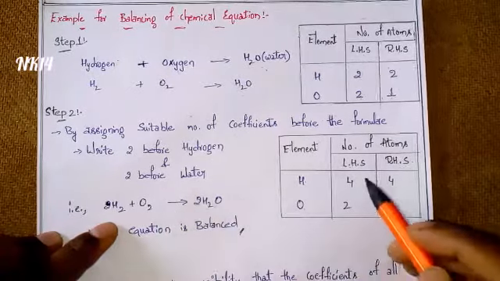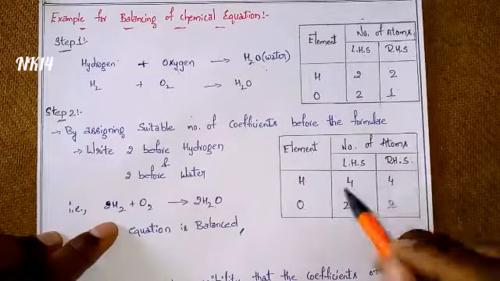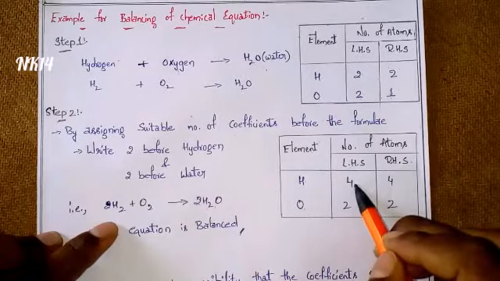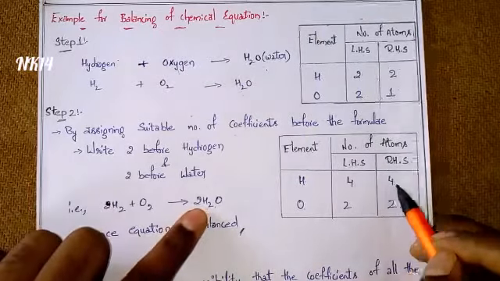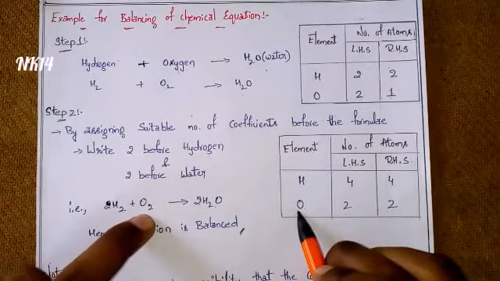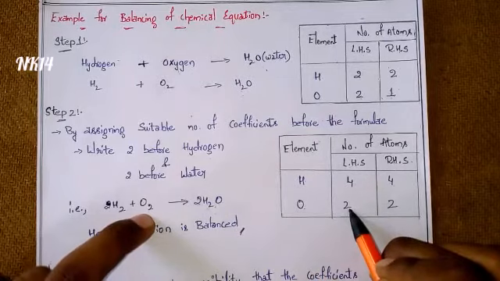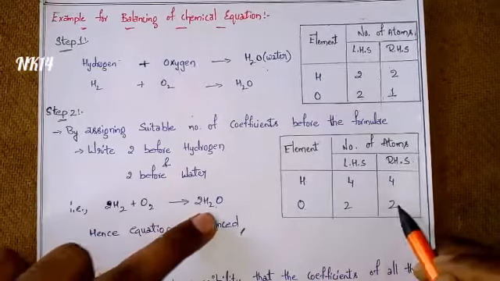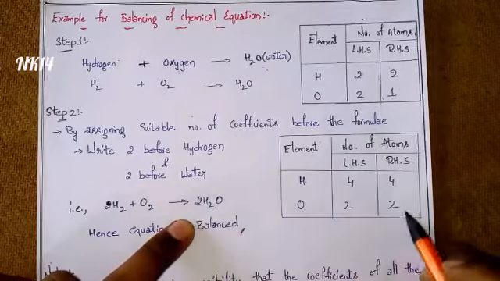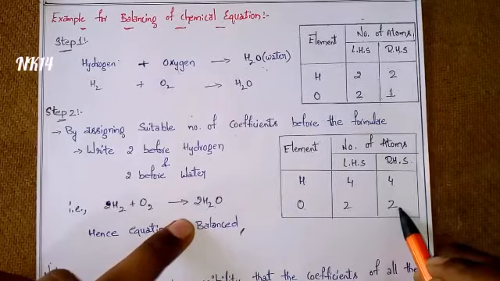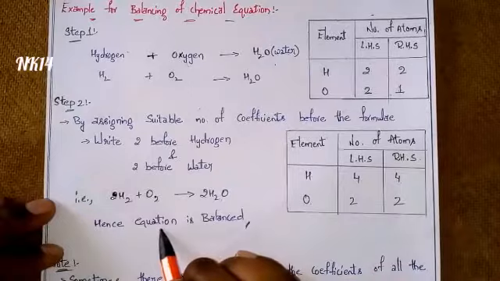This can be checked by the table. See, hydrogen has 4 atoms at the LHS and 4 at the RHS. Next, coming to oxygen, it is 2 atoms at the LHS and 2 atoms at the RHS, because the 2 is multiplied with the oxygen, so you get 2 oxygens at the RHS. So the balanced equation is done.